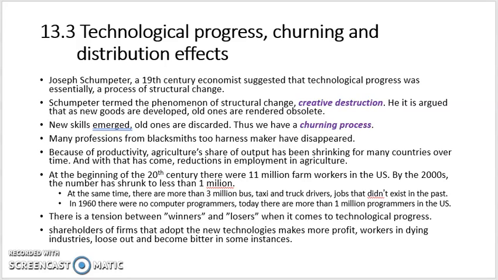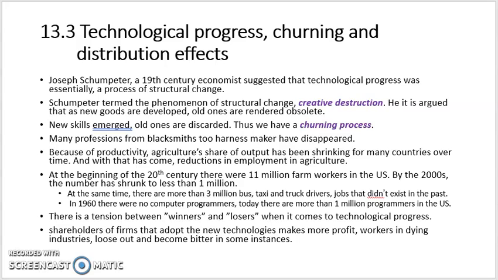Likewise, shareholders of firms that adopt new technologies make more profit, and workers in dying industries lose out and in some instances become bitter. Hence, in history we've seen unemployment being blamed on technological progress.